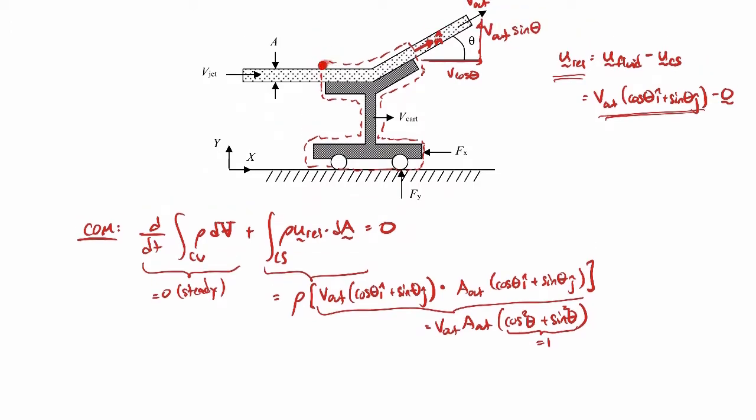Now we need to worry about the mass flow rate coming in over here. So that one will be density times the relative velocity. So it'll be the fluid velocity minus the control surface velocity, but the control surface velocity is 0. The fluid velocity is simply V jet in the i hat direction, because it's just this V jet coming in right here in the positive i hat direction.